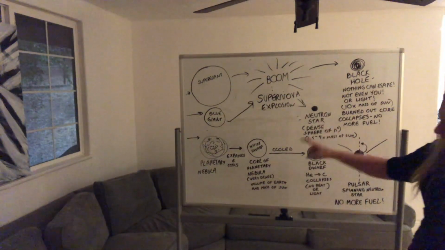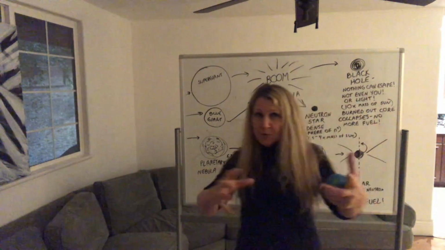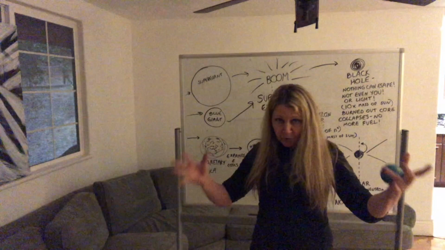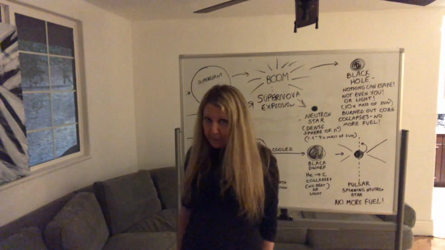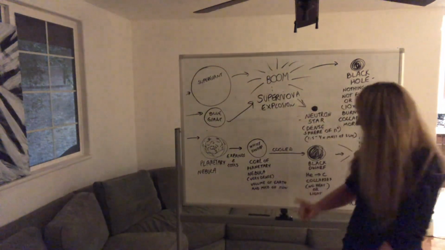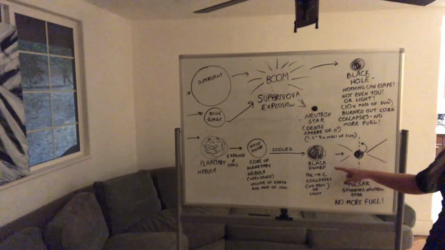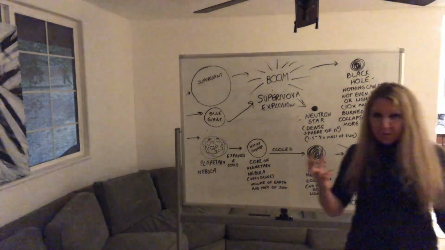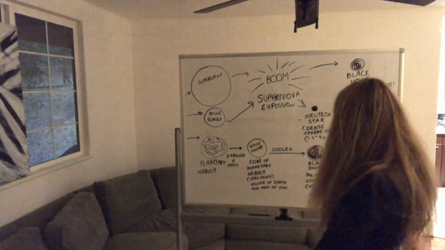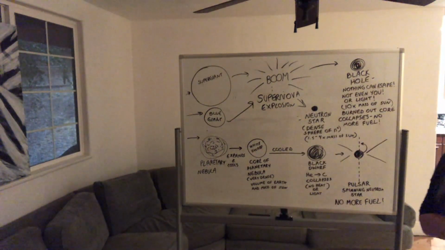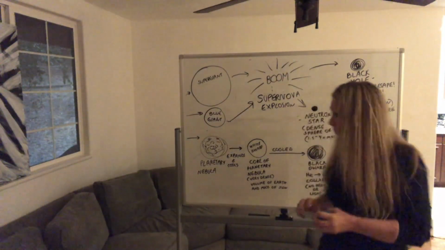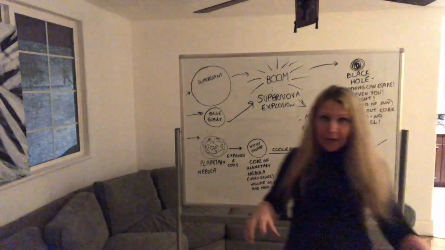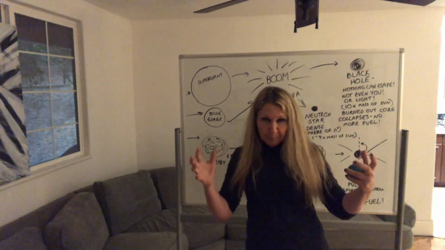Right? And what happens is it's still cooling though, because there's no nuclear fusion happening. And then it becomes what's called a black dwarf, because there's no light being made, there's no heat left. When all the heat and light's gone, it's called a black dwarf. No more heat, no more light. And then they can become an actual pulsar.